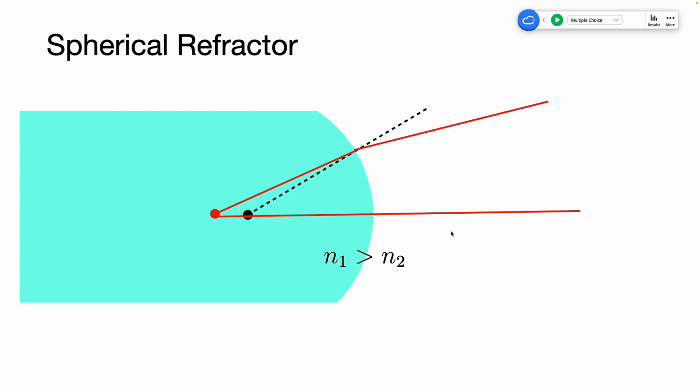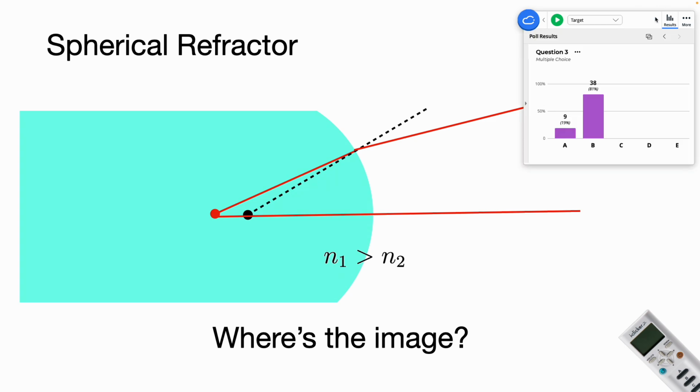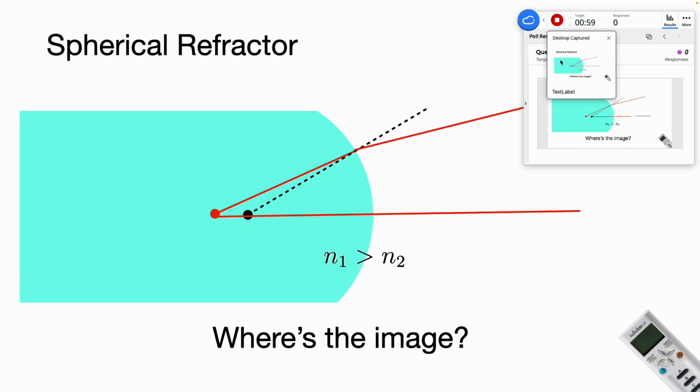So in this case, where's the image? There's a cool function which I believe you can use to draw a square. Yeah, so I think you can circle a region on the slide.